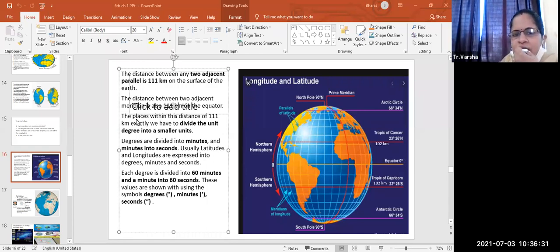To get a place within the distance of exactly 111 kilometers, we have to divide the unit degree into smaller units. So we have divided the degree into a smaller unit.